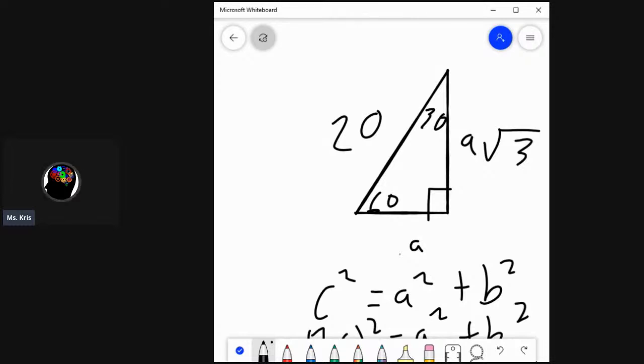If I have 20 as my hypotenuse and I need to find my shorter and long leg. By definition, we know that the hypotenuse is twice of the shorter leg. So therefore, my shorter leg is going to be 10. Because if hypotenuse is 20, then half of the hypotenuse is going to be 10.